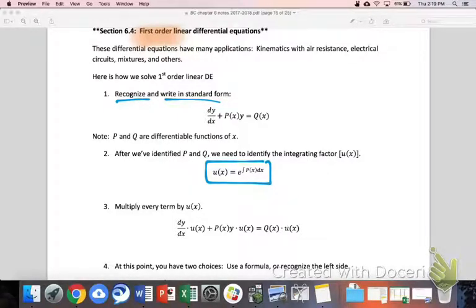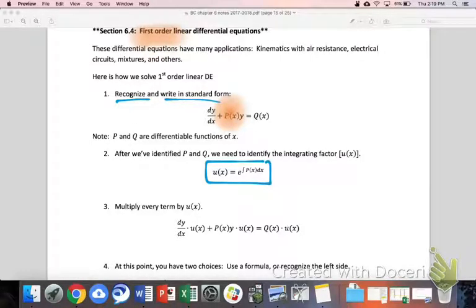The integrating factor is specifically e to the integral of p of x. P of x is the function being multiplied times y in our standard form. So p of x is going to be whatever it's going to be, and we do our integral of that, and we come up with this integrating factor, e to the whatever it ends up being.